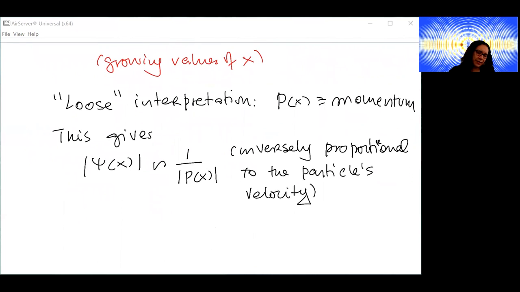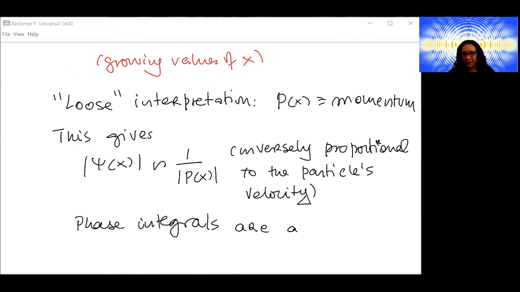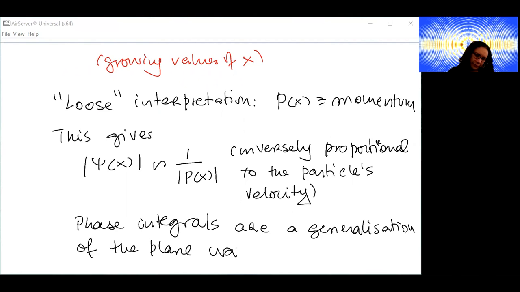And the phase integrals that you see, they are a generalization of the plane wave behavior that you know from the square well.